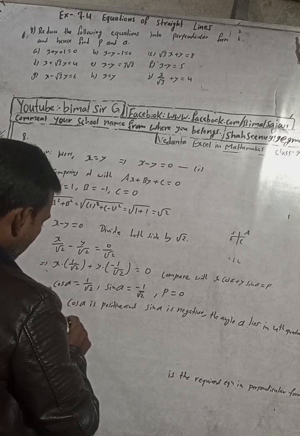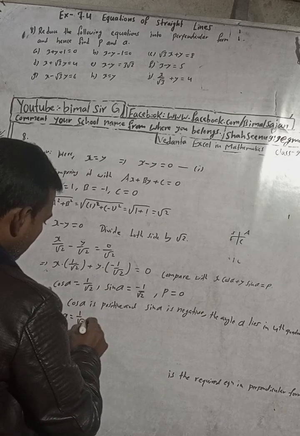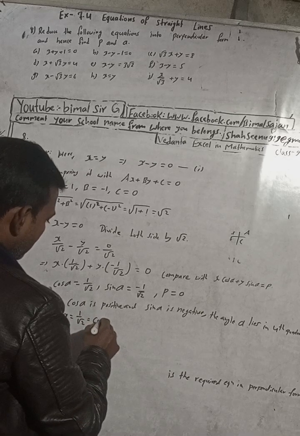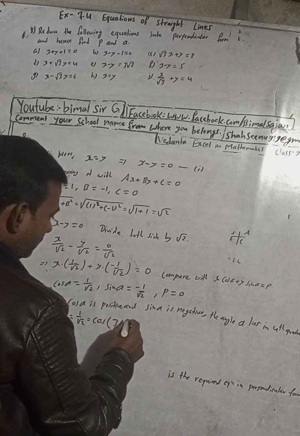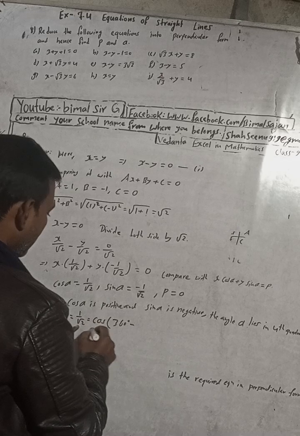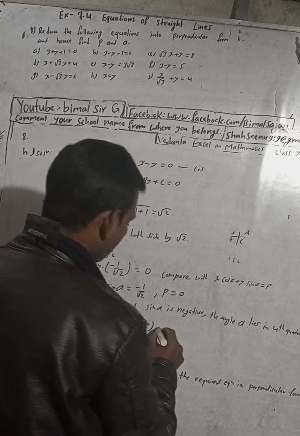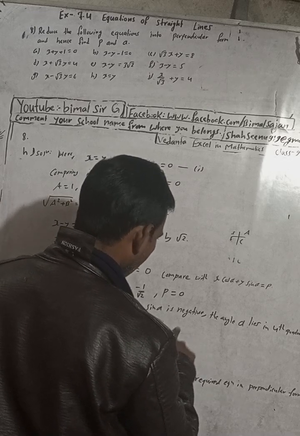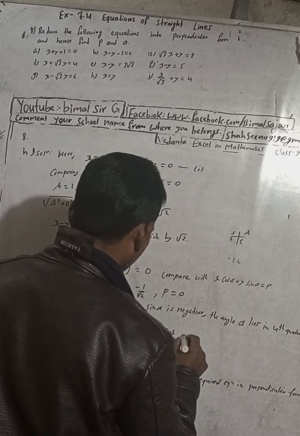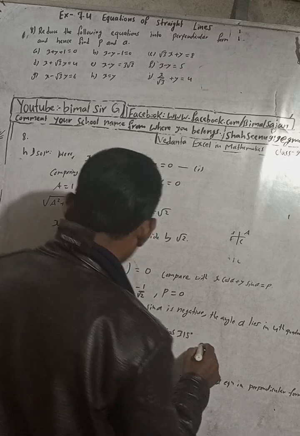So in the fourth quadrant, cos alpha is equal to 1 by root 2. That means 360 degree minus 45 degree, since 1 by root 2 is the value at 45 degree, so this is cos 315 degree.